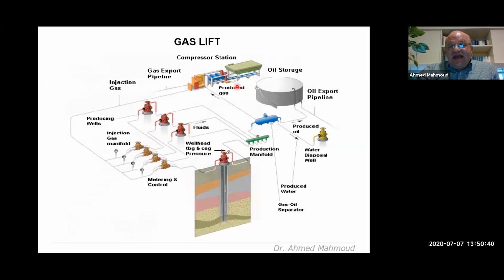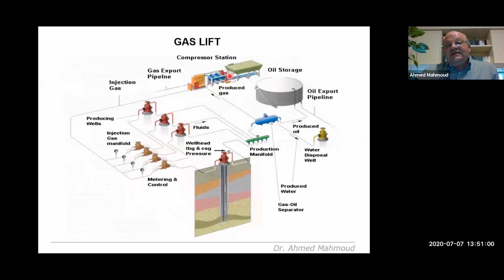So gas lift is actually based on the concept of recycling the gas which is not sellable. If you have a big field, 200, 300 wells for example, and you have a lot of gas, obviously not all gas is sellable, and you end up with some gas which has heavy components.